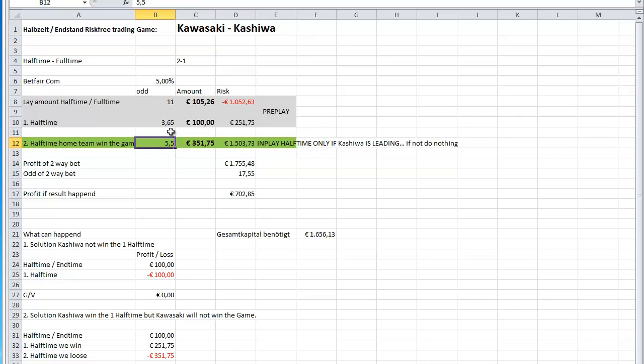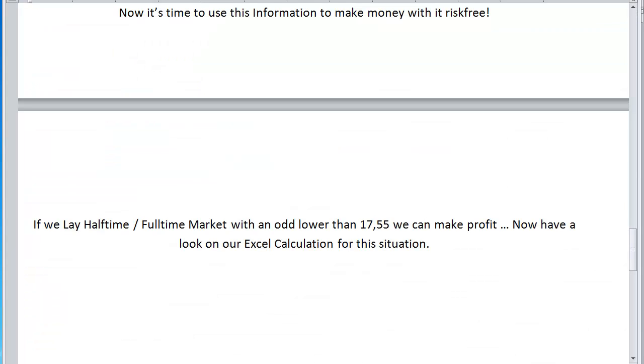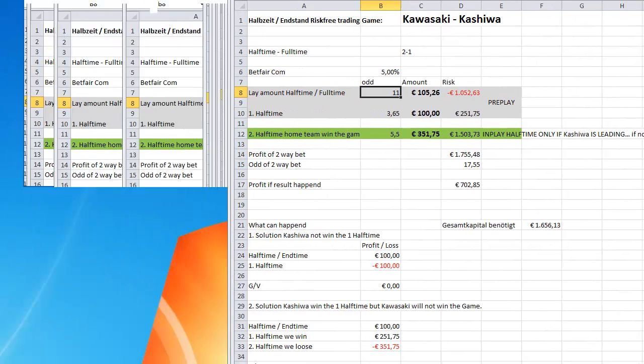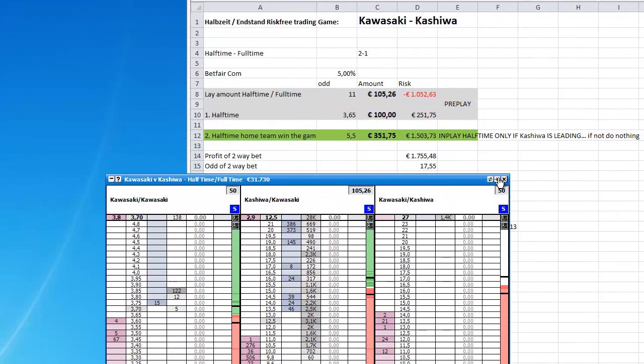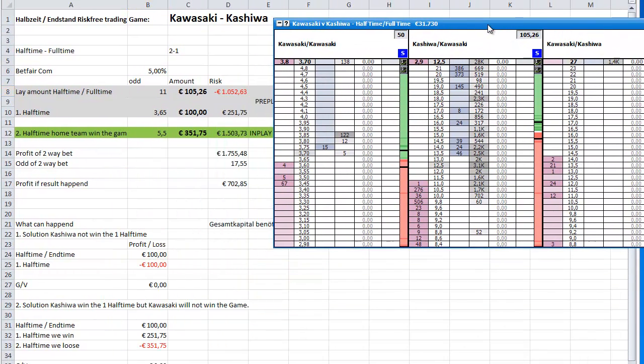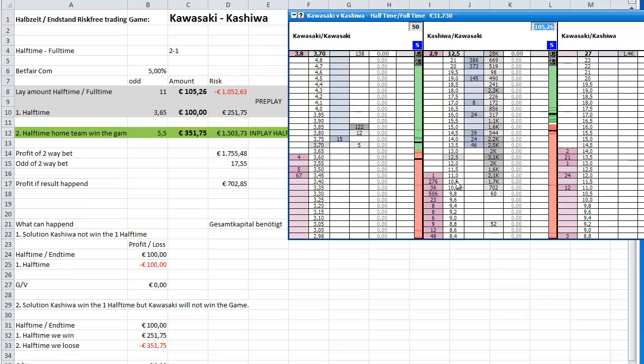You can see here halftime full-time 2-1 with a Betfair commission of 5%. Our lay at the market, we can try to get in the market with an odd of 11.